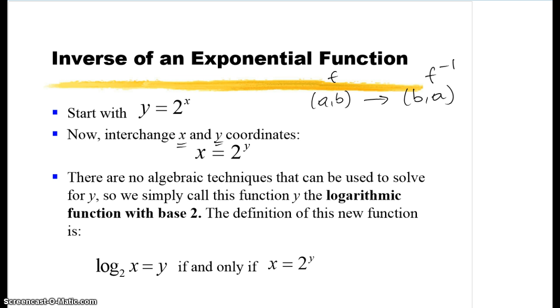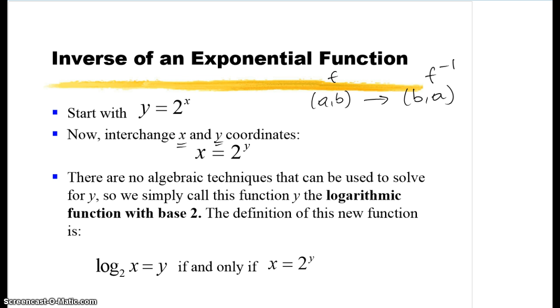You just interchange the x and y coordinates. So switching the x and the y gives me x equals 2 to the y. Okay, but there are no algebraic techniques that can be used to solve for y. So we simply call this function y the logarithmic function with base 2.